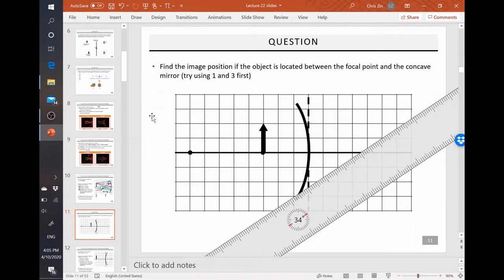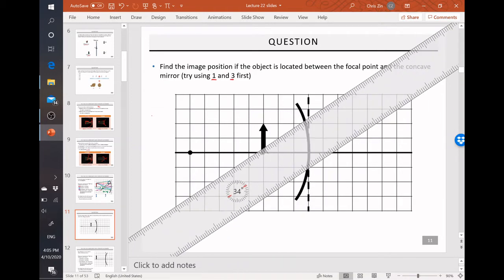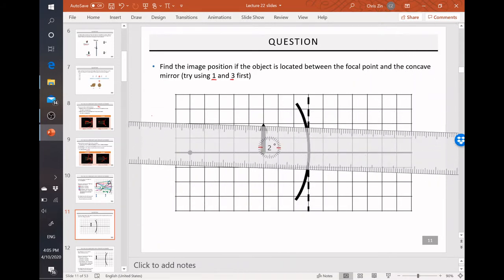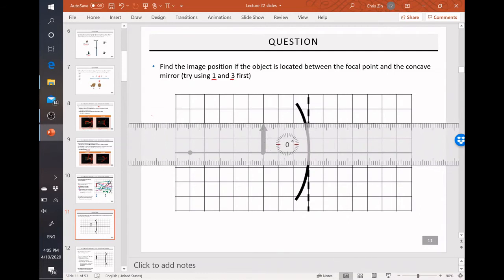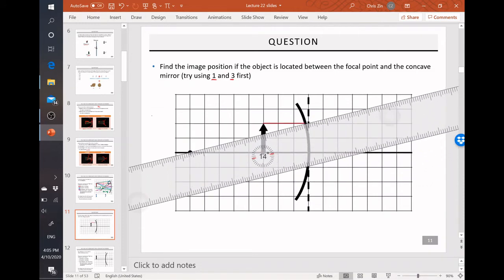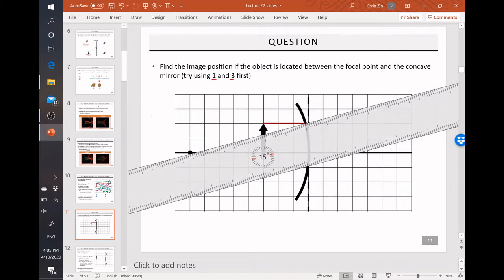Okay, according to the hint it says we should start by trying the first and third easy to draw rays. So the first easy to draw ray is the horizontal ray. So we start at the top of the candle and we draw the ray that goes toward the mirror. It reflects off the mirror and goes toward the focal point.